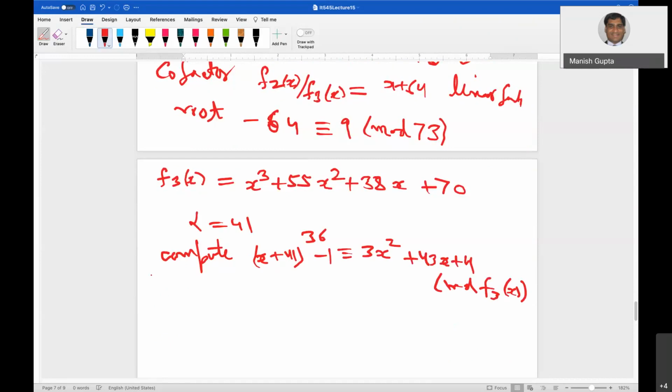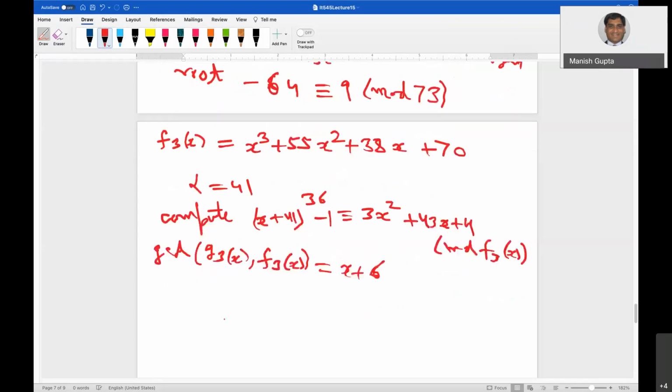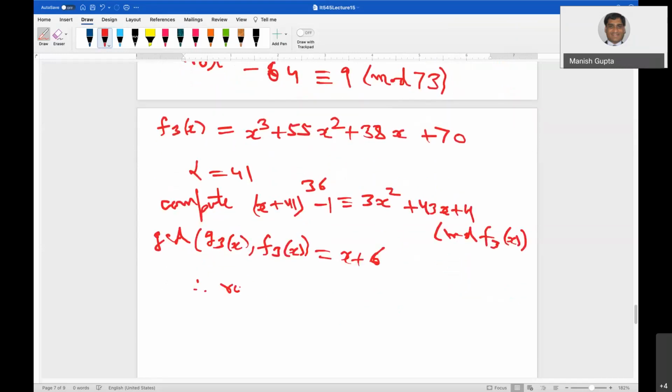Right? We compute the GCD of g3 of x and f3 of x, which turns out to be x plus 6. So we got the root. So it is a linear factor, non-trivial. Therefore, root is minus 6, which is same thing as 67 mod 73.